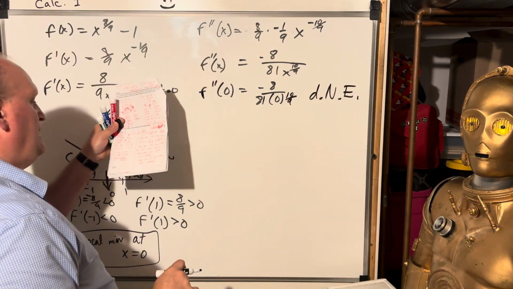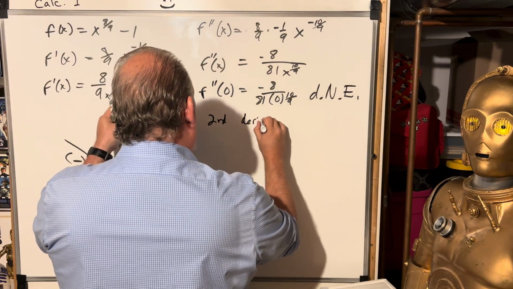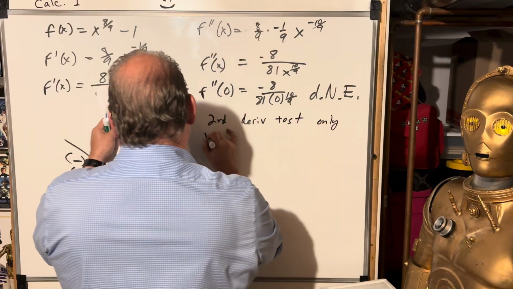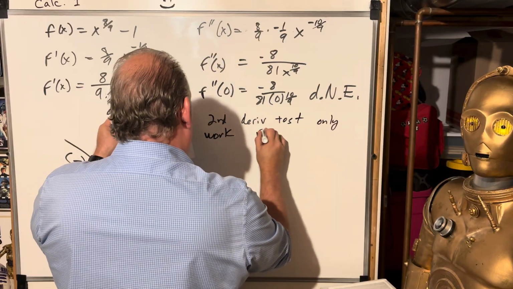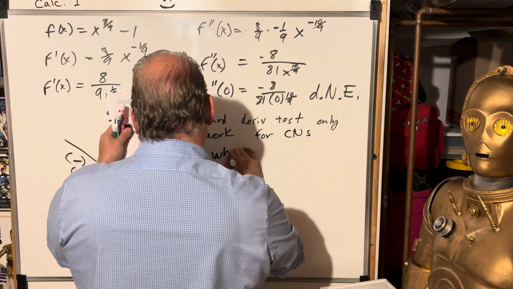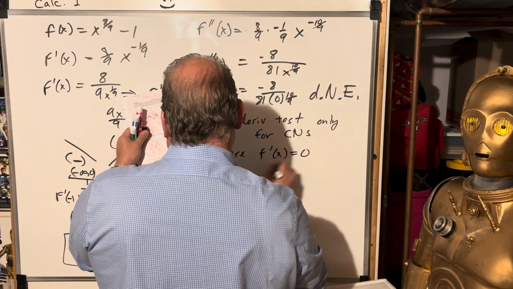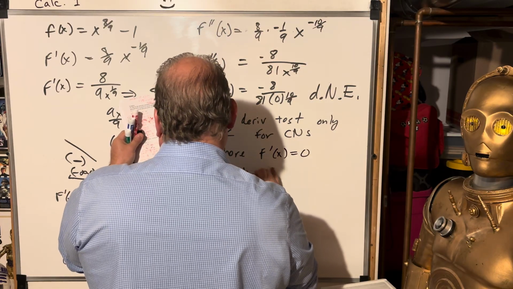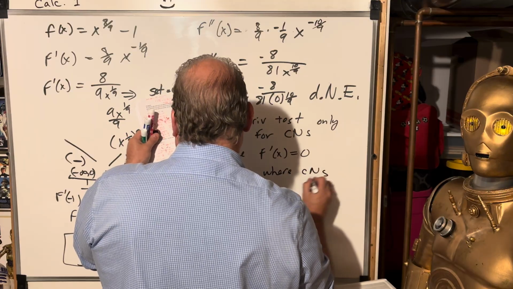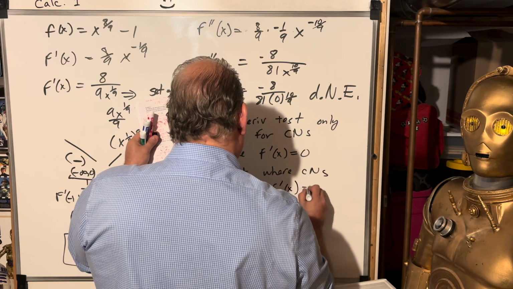So we got a DNE. The second derivative test only works for critical numbers where f prime of x equals 0, not where f prime of x does not exist.